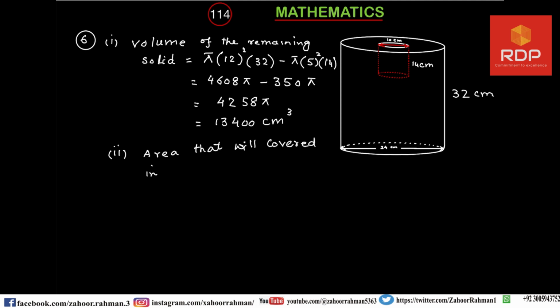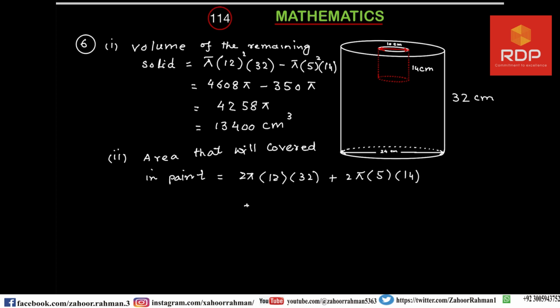The area that will be covered in paint will be equal to 2 pi into 12 into 32, because 2 pi RH is the surface area of the cylinder, and here 2 pi into 5 into 14, that is the smaller one, and because there are two base areas, we have to write pi and r square, which is 12 square.